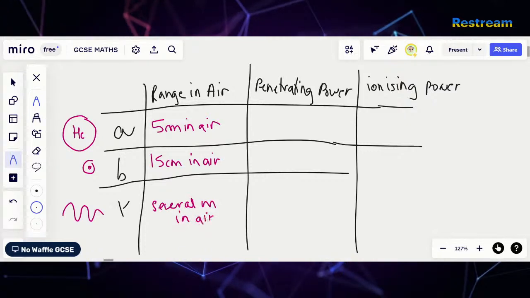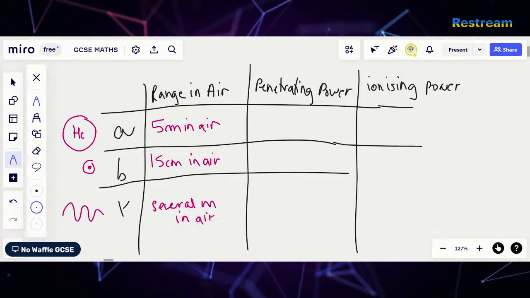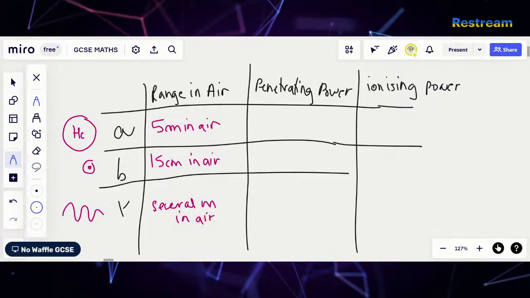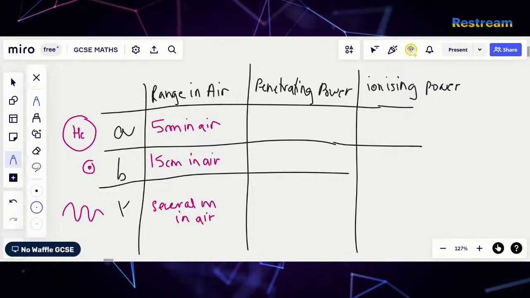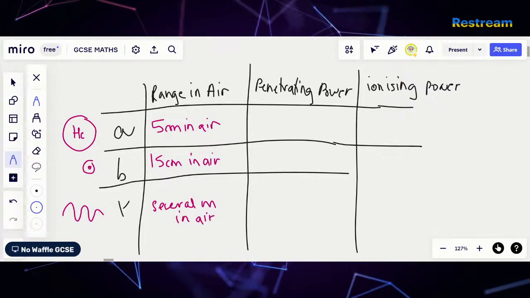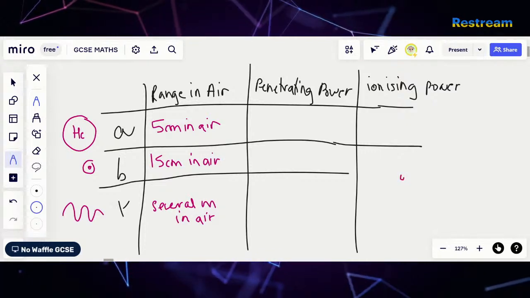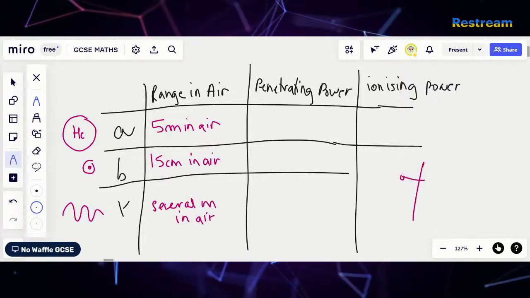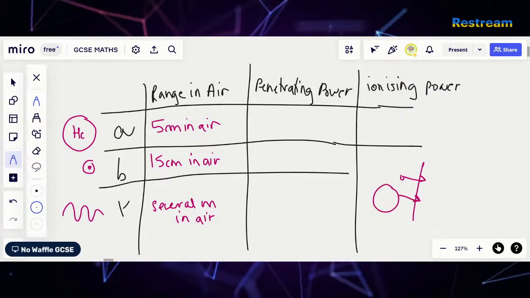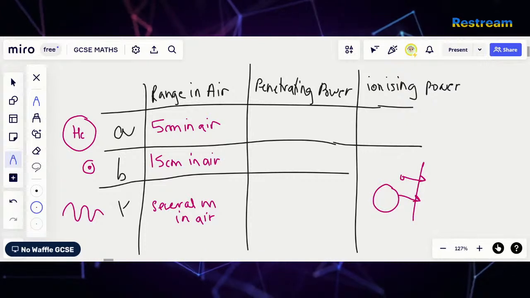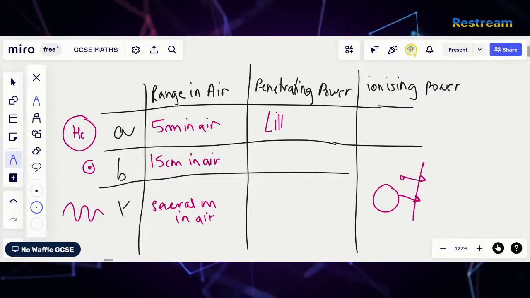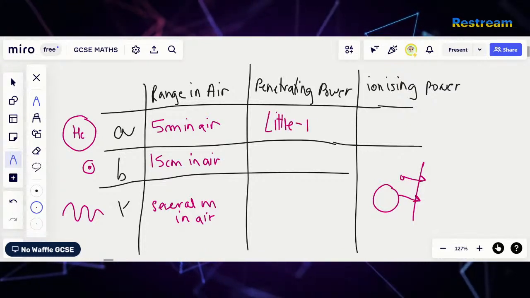Now, penetrating power. The alpha particle or helium nucleus is the biggest. Therefore, it's unable to penetrate, because something smaller is more able to penetrate through something than something bigger. It's more likely to be blocked. Therefore, the penetrating power of alpha radiation is very little, and it can only go through a single sheet of paper.